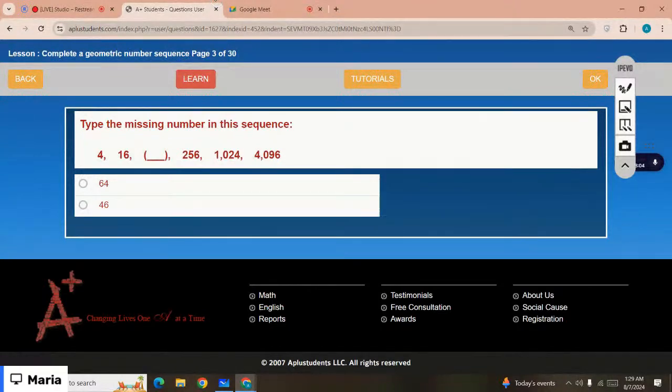Type the missing number in the sequence.